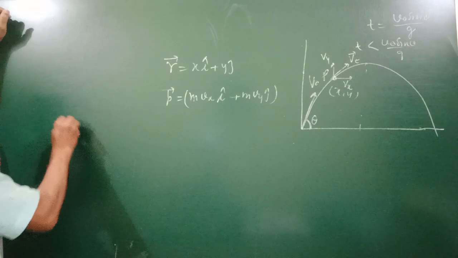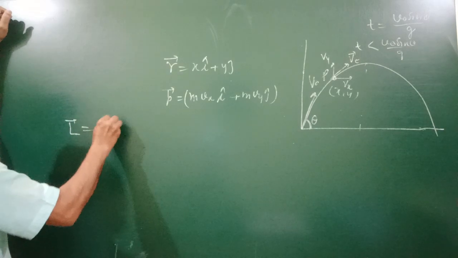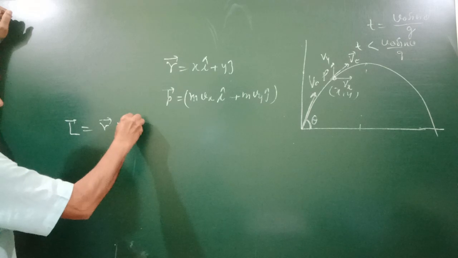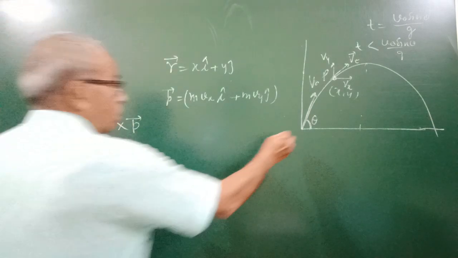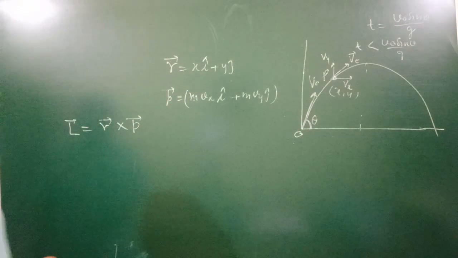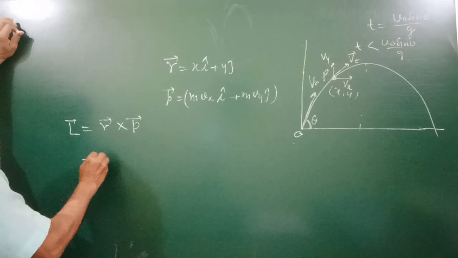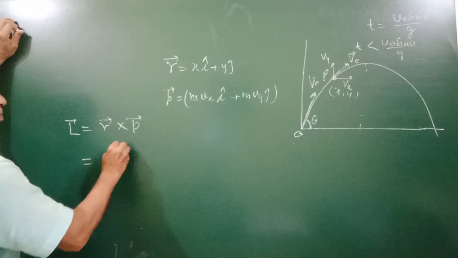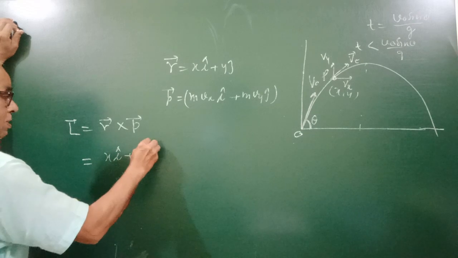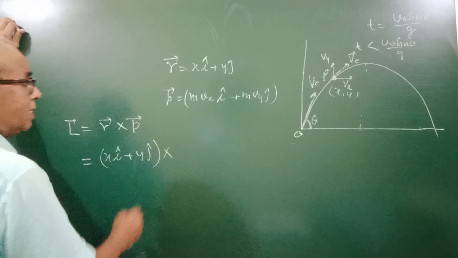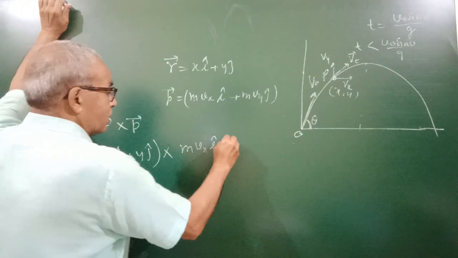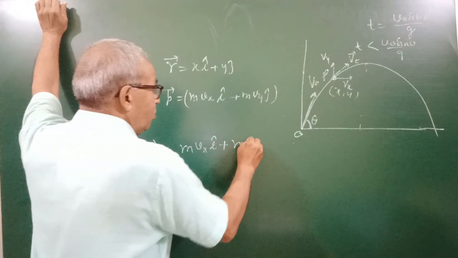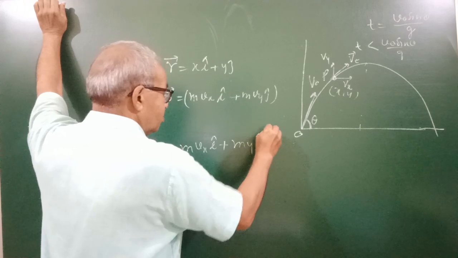We know vector L is equal to r cross p. I proved it for you. Vector L, angular momentum about the point of rotation, is r cross p. Here r equals x i cap plus y j cap, cross p, which is m vx i cap plus m vy j cap.